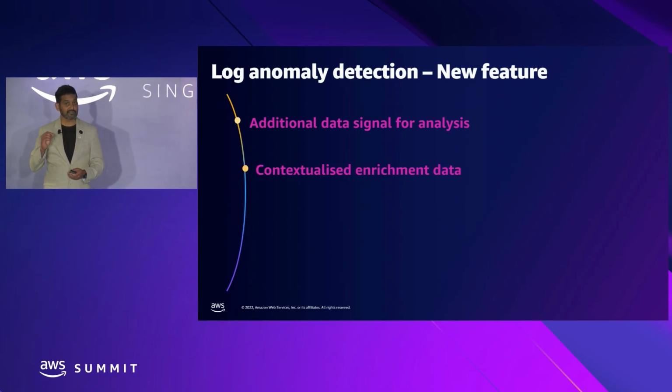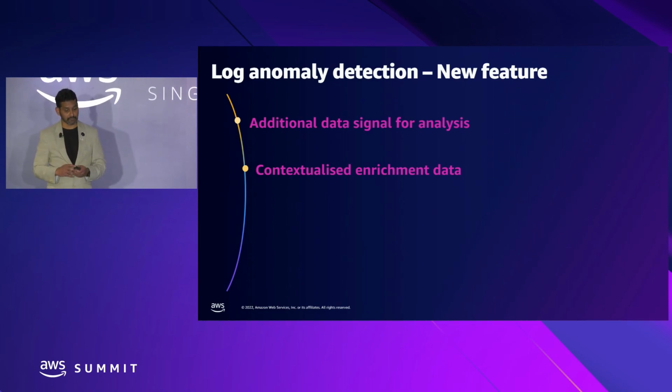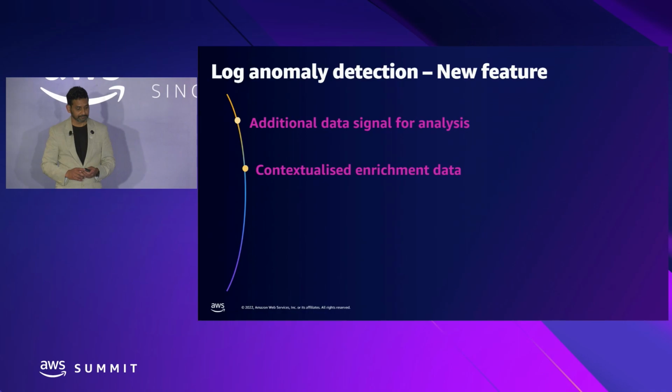So DevOps Guru leverages these log detection machine learning models to look through Amazon CloudWatch logs and surface appropriate log groups. And it extracts enrichment data like HTTP status codes, exception keywords, log format anomalies, numerical anomalies, and so on.